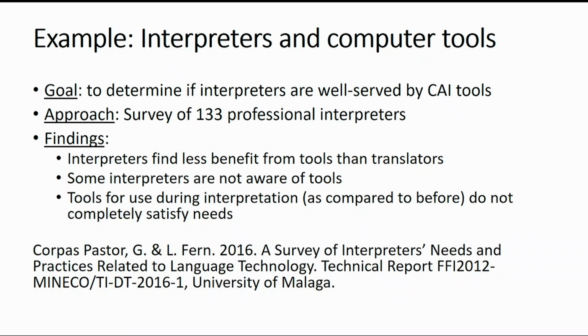It was done among professional interpreters, and the findings were basically that interpreters found less benefit from tools than translators. If we compared the interpreter survey to a translator survey, interpreters felt they were less well served or had less benefit from tools than translators reported.